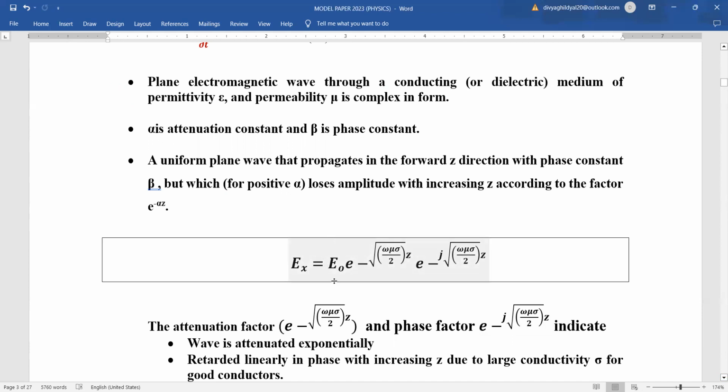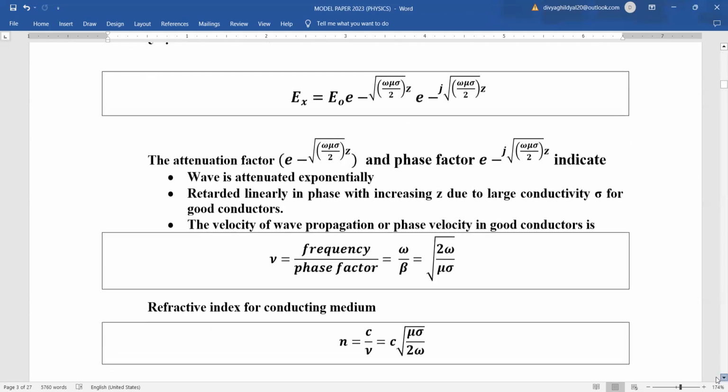So we can see it consists of a real part and an imaginary part. That is, one is the attenuation factor and the other is the phase factor. For details, you can refer to my lecture series in the playlist.